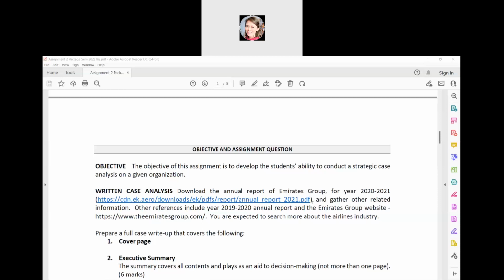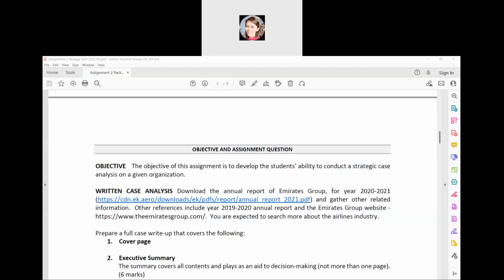You can also gather other information related to Emirates Group. Other references include the reports of 2019 and 2020. If you find this useful, go ahead and use that, along with other related information that can help you understand the whole case.